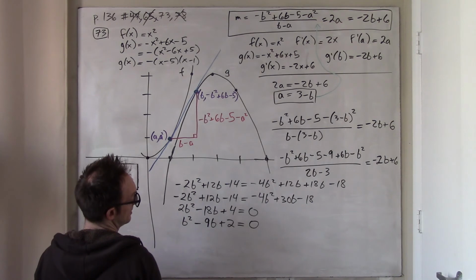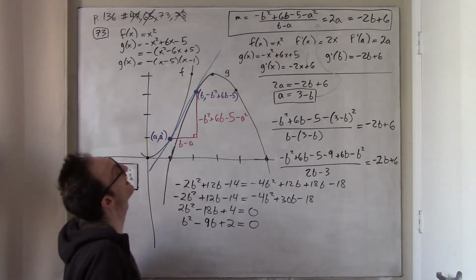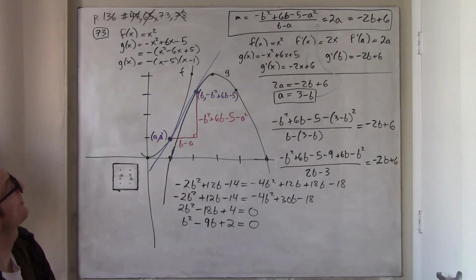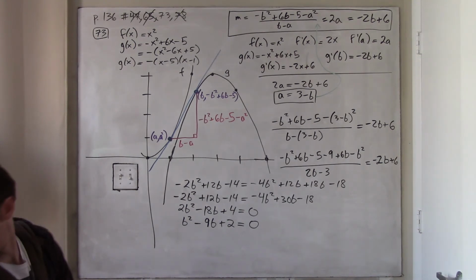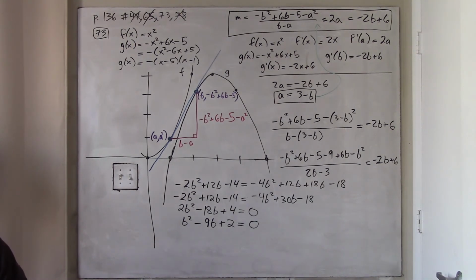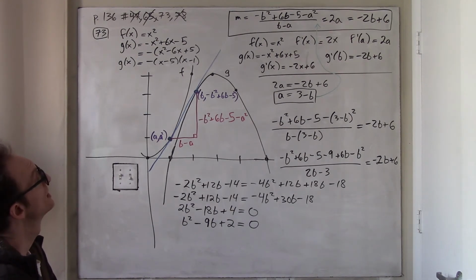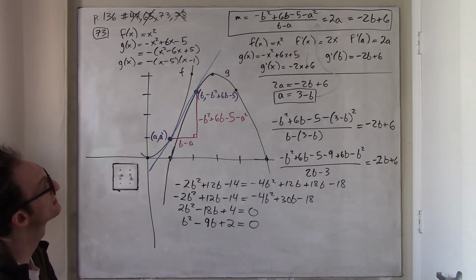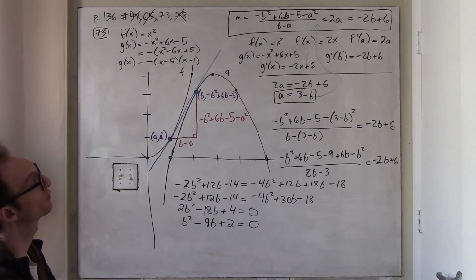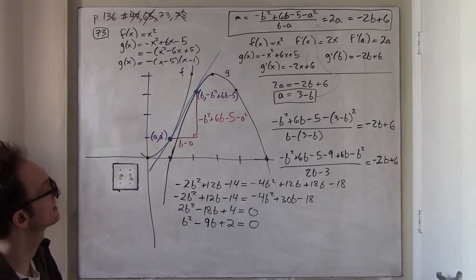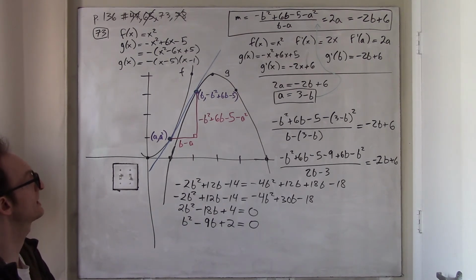That is very disturbing. Oh man, hold on. Give me 1 second to find my error. Negative b squared plus 6b minus 5, so that's minus a squared, all over b minus a, 2a, negative 2b plus 6, good. a is certainly 3 minus b, minus, so that's b squared minus 6b plus 6b minus 6, yeah.